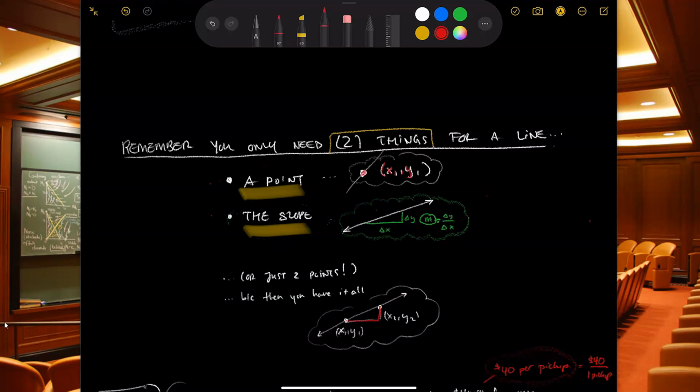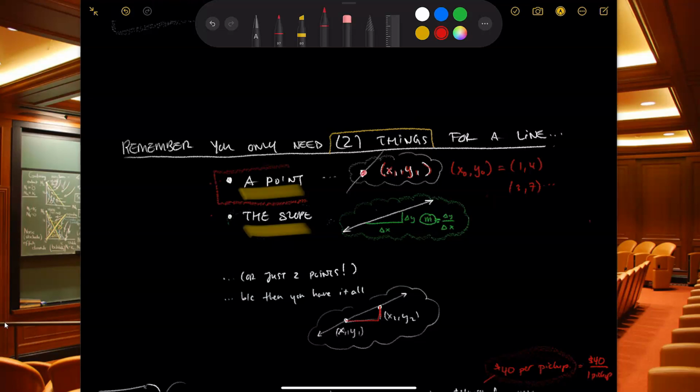And we use these notations x1, y1, or x0, y0, to represent single points instead of x and y, which typically are allowed to have varying inputs, right? So x0, y0 might be 1, 4, or it might be 3, 7. So they're particular points.